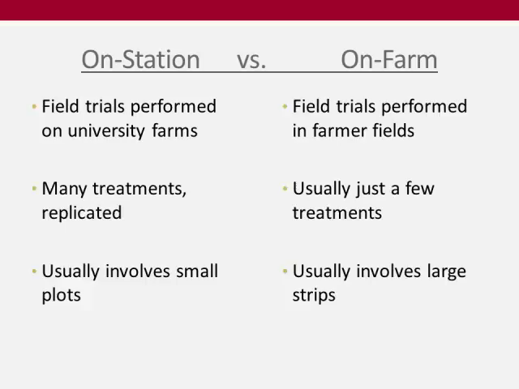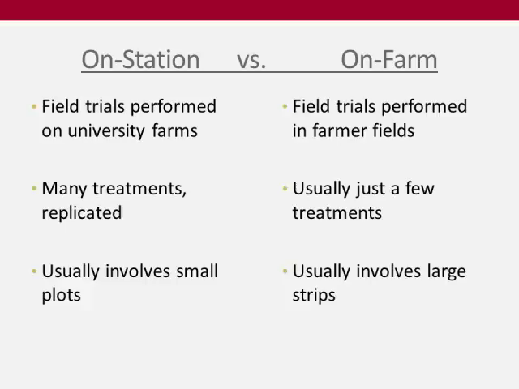We try to minimize field variability and save space, so we push this to small plots. On farm, however, of course we're doing this in private farms, usually just a few treatments. The on-farm experiment that's doomed for failure is one that has many treatments and is complicated, because things inevitably get screwed up. So we need to think about simple questions and maybe just a handful of treatments.